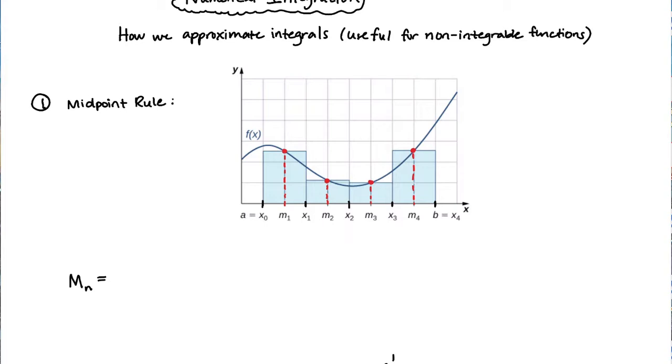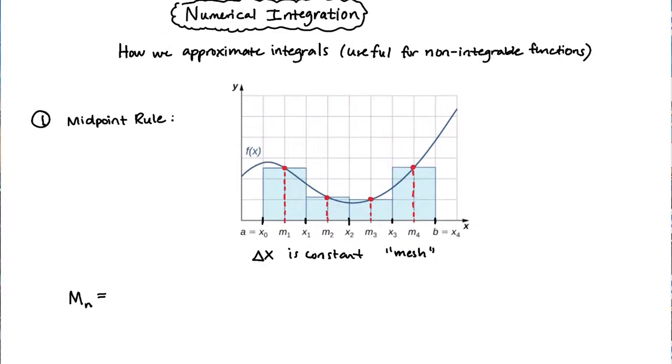So that's important to note, our delta x is constant. Some people call the delta x the mesh. They would say that we partitioned the interval A to B and we have a mesh of delta x.